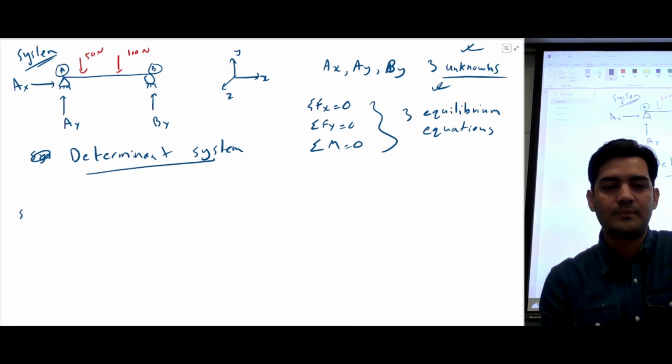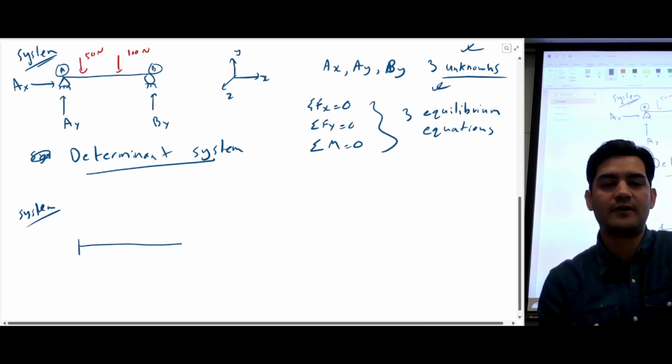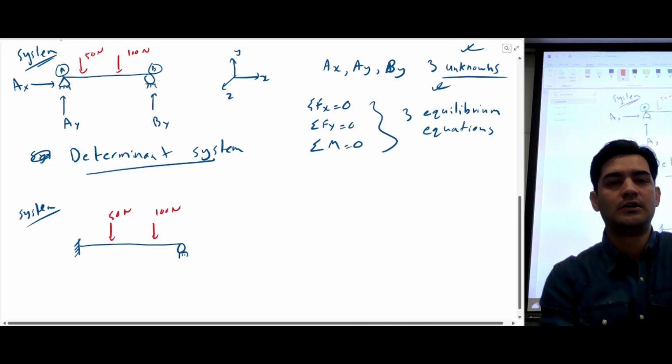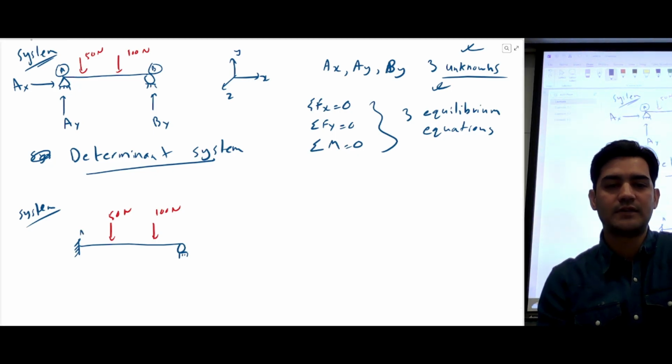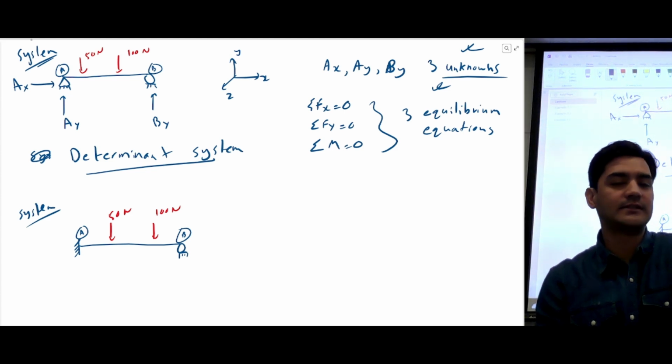But what happens, let's take another example. What happens if I make it a fixed support and keep the load the same? In this case, if this is A and this is B, this is a fixed support, right?